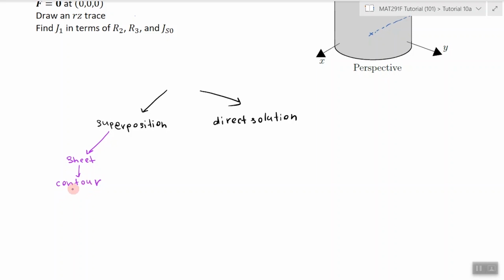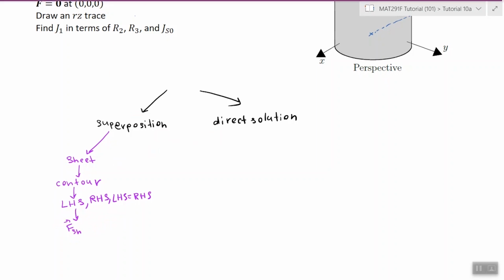You would apply the Stokes theorem, so you would evaluate the left-hand side, the right-hand side, and you would equate the two. And this will allow you to solve for the field from the sheet in terms of a whole bunch of other things, right?